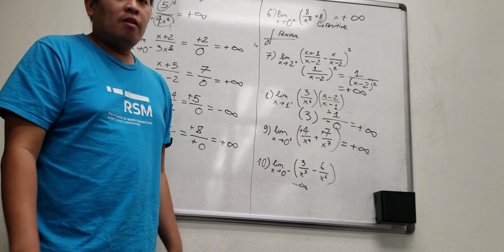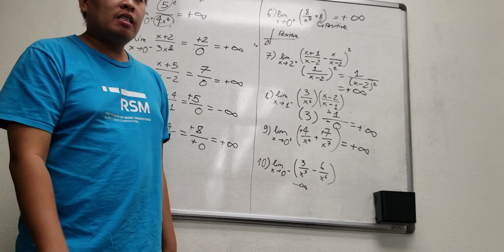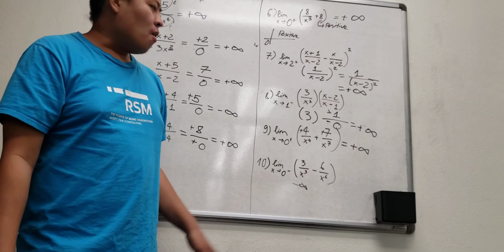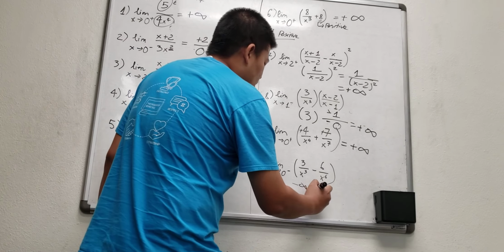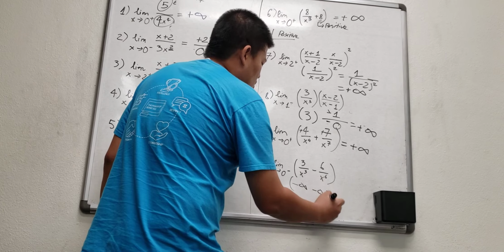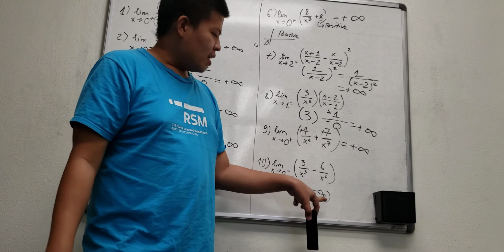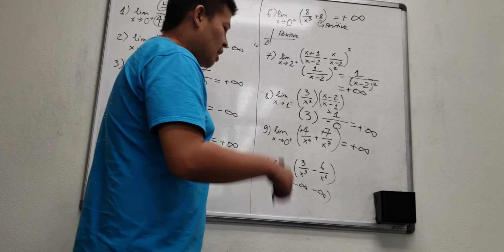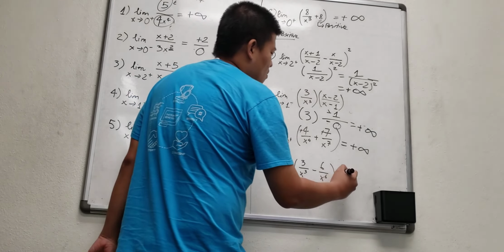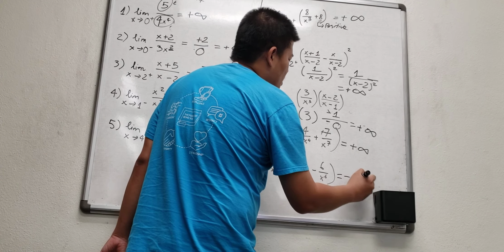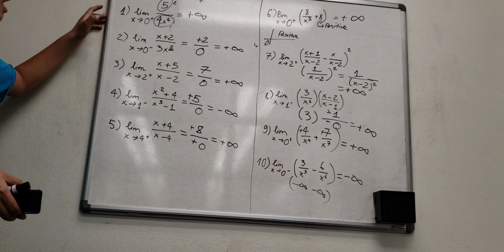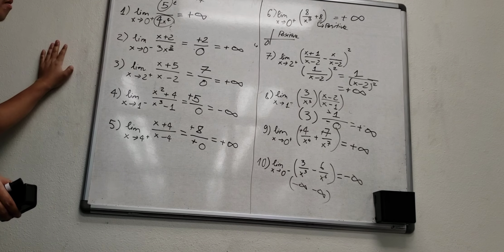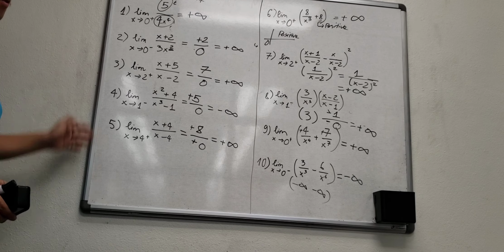S power 6 creates the positive number because that's an even number. However, we have the negative in here, so you get negative infinity. So now negative infinity and negative infinity, minus and minus together, you get negative infinity. This is how I explain step by step on the formula and the fraction for you.